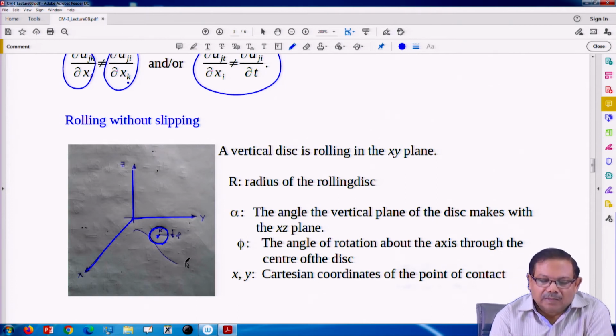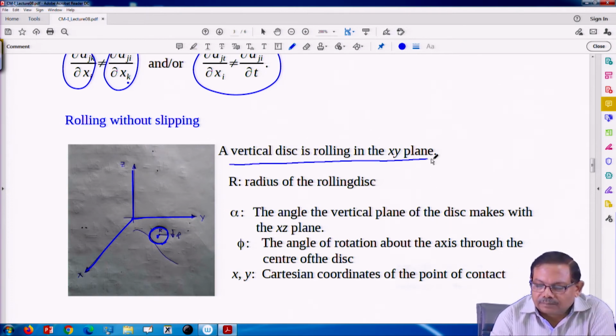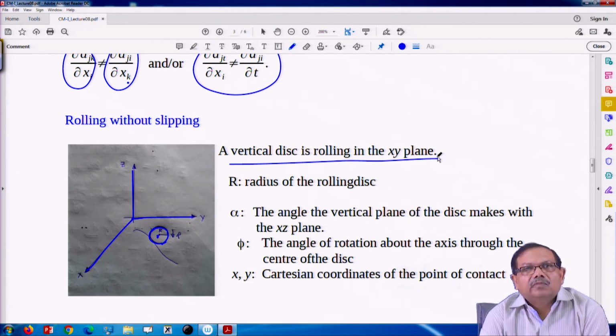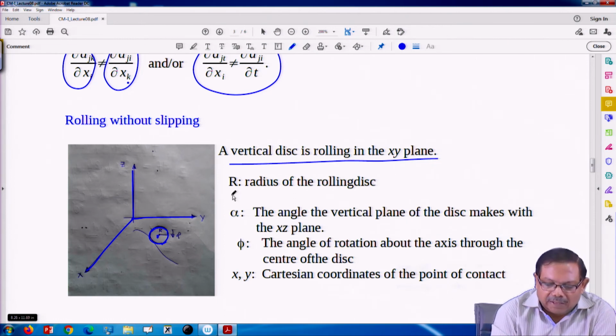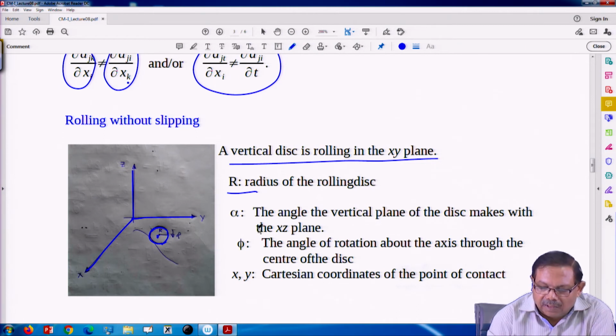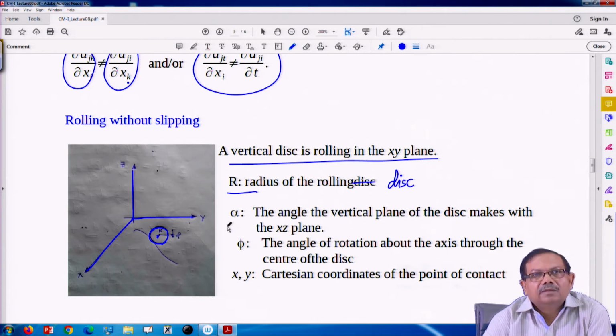So, the disc is vertical and it is rolling without sliding, and r is the radius of the rolling disc. Alpha is the angle the plane of the disc is making with the xz plane. If it is not moving on the x axis, then this angle is finite.